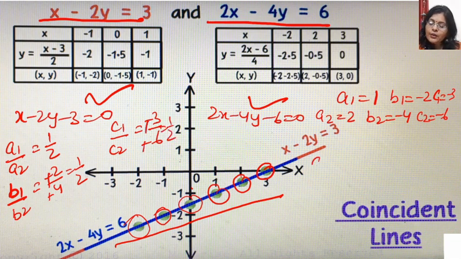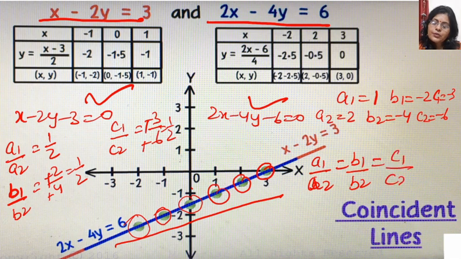What have we concluded? That a1 upon a2 is equal to b1 upon b2 is equal to c1 upon c2. When there is such a condition, the lines will be coincident and will have infinite solutions.